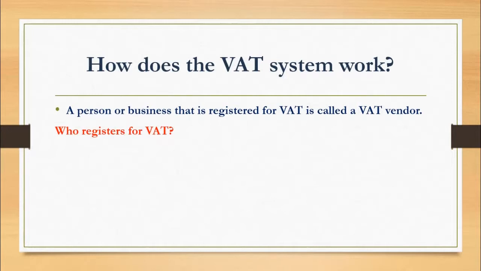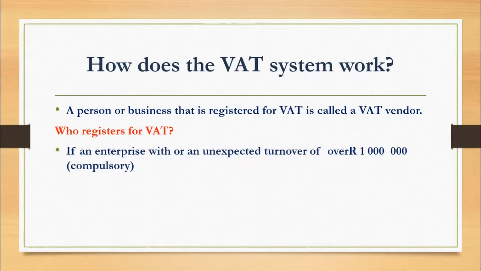So let us look at this. If an enterprise has an actual or expected turnover of over 1 million rand, it is mandatory that you register with the taxman, or you register with SARS. If your revenue is less than 1 million, then it's not compulsory that you register as a VAT vendor.